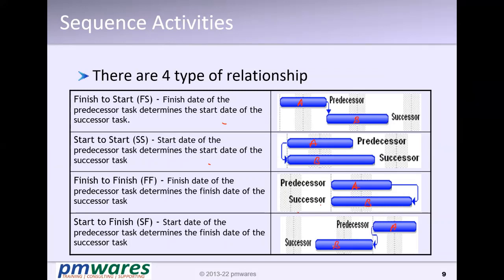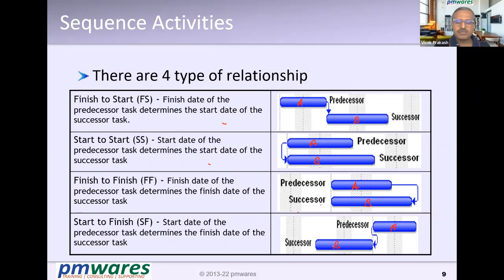This is the most common, more predominant relationship you will see in any schedule diagram or sequencing. Approximately 50% will fall in this bucket normally, and some say 70, 80, even 90% of relationships actually used are finish to start.